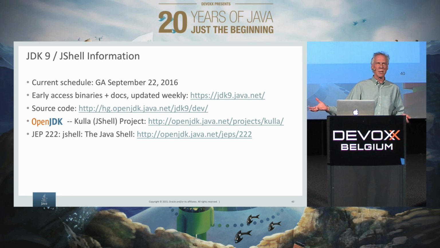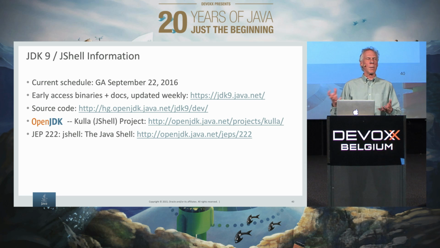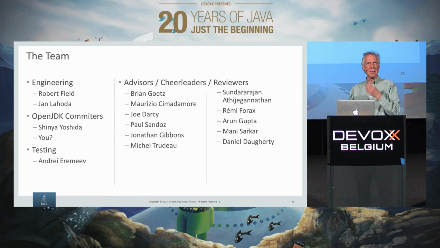But what is interesting on this project page is there's a mailing list, which is a great place to interact with the team, give us feedback, or contribute. There's also a corresponding JEP for JShell, which is 222. And I talk about the team. Well, so it's me plus Jan Lahoda.